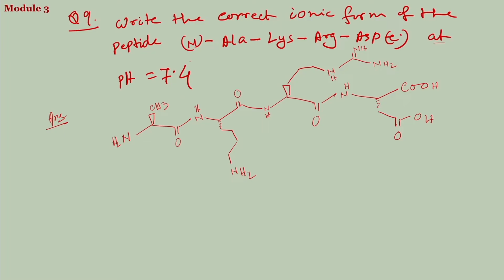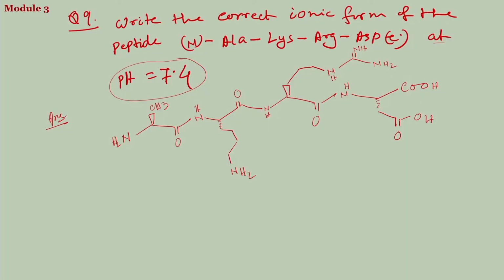Now, let us see what happens at pH 7.4. If you look at the table of the pKa values that was given for all the amino acids, you will see a general trend. For amine groups, be it the NH2 of the amino acid itself or the amine of the side chains, all of them have a pKa value which is more than 8, at least more than 8.